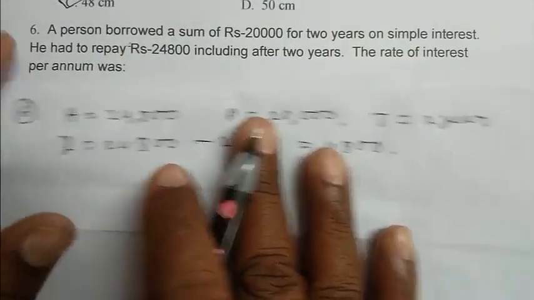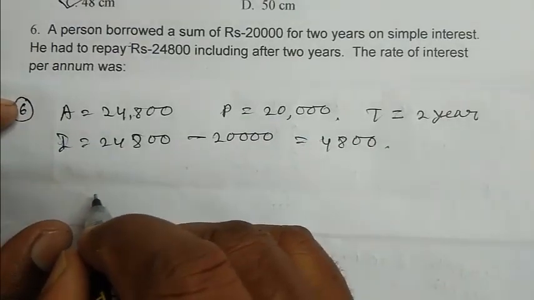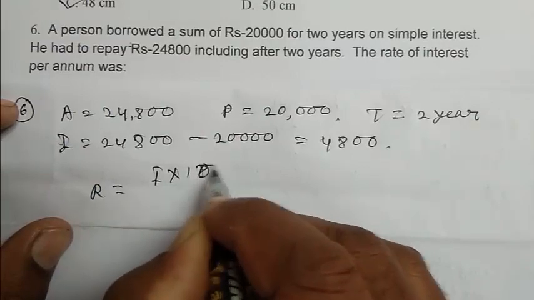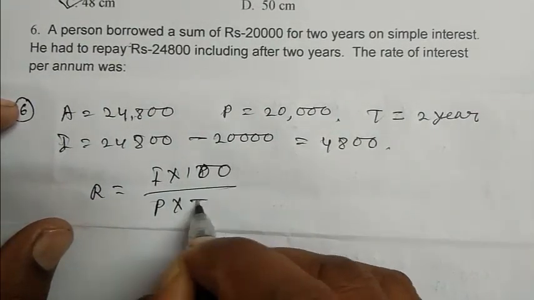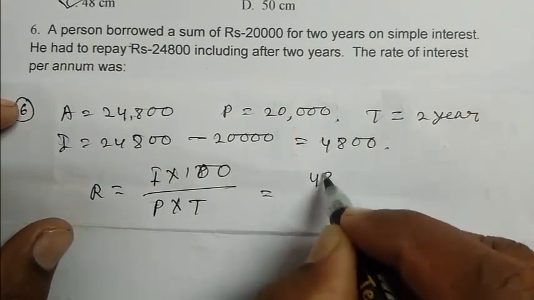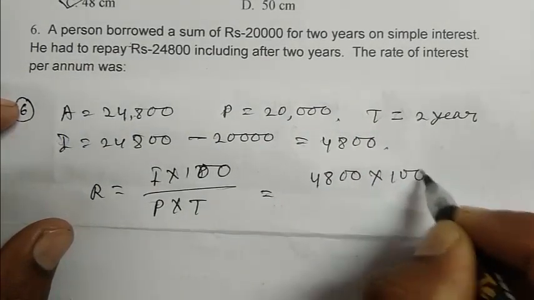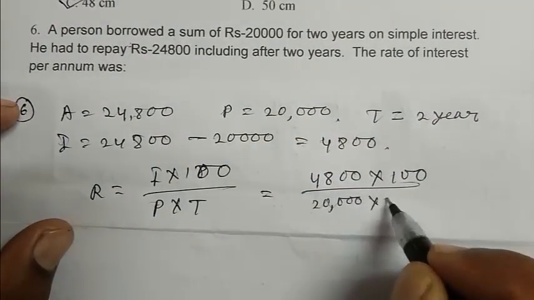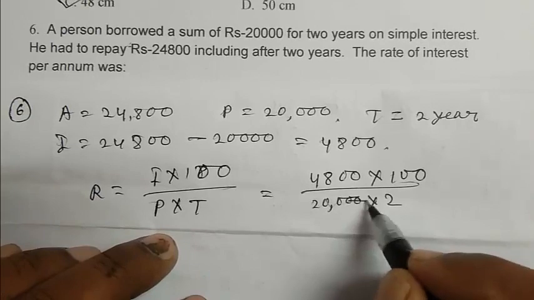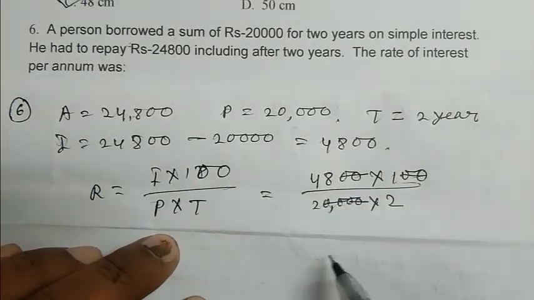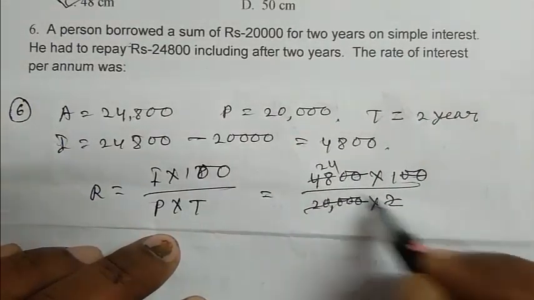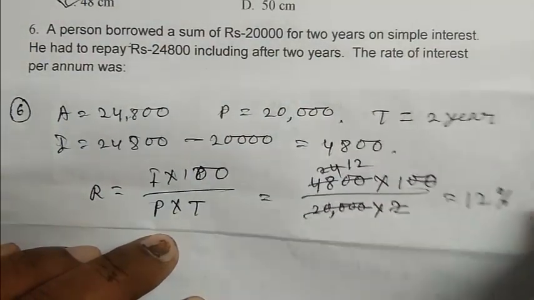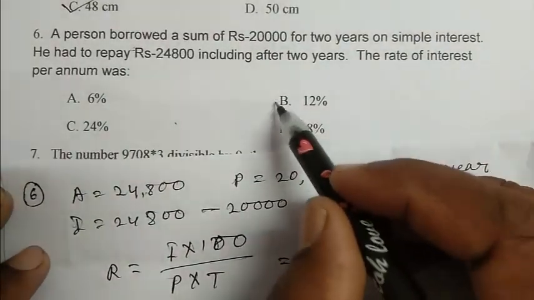We calculate it from the formula: rate equals I into 100 by P into T, that is 4800 into 100 by 20,000 into 2 years. So the rate of interest is 12%. B is the right answer.